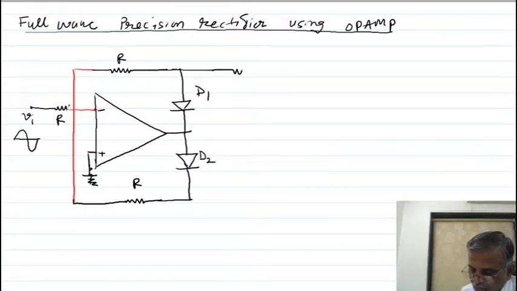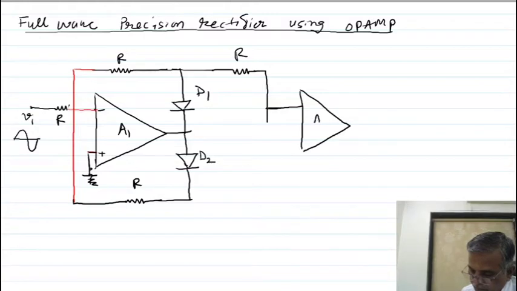This also is connected to the op-amp. This is op-amp A1. Say op-amp A2. This I am connecting to this point. Your differential input is 0.